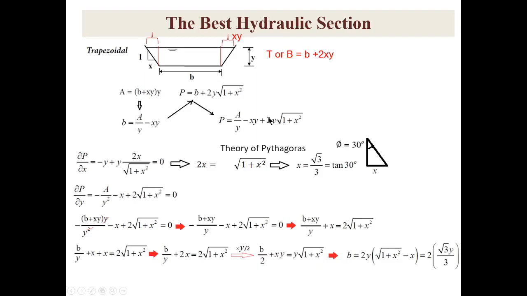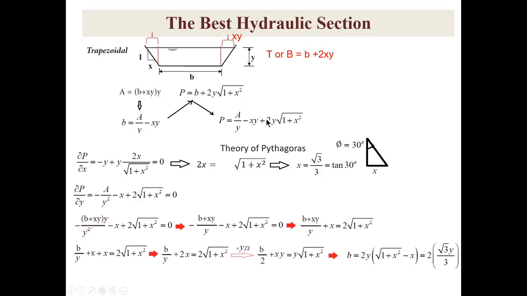I have 2y as a constant or as a coefficient. Therefore, 2y should be outside, and I have to find the derivative of root of 1 plus x squared, which gives me 2x divided by 2 times root 1 plus x squared. You see that I have a 2 in the denominator, and I have a 2 from here.